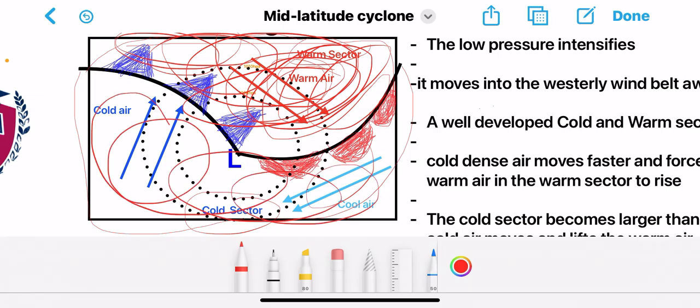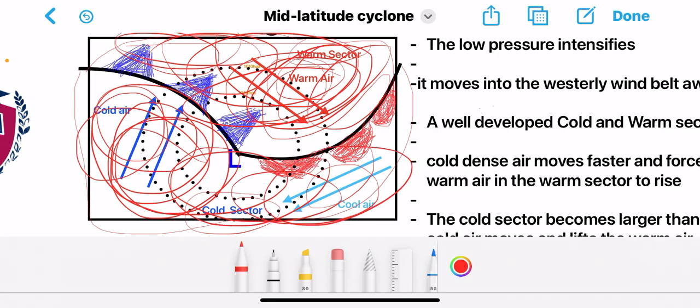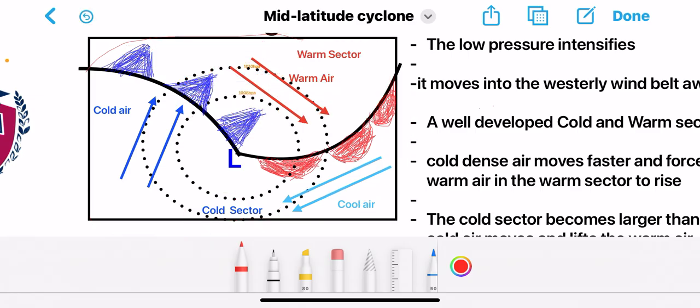This whole part is the warm sector. Why is it this cold sector? Because we have cold air masses in it. We can see here we have cold air, and here we have what? Cool air. Okay, we also have the warm front. Here's the warm front, and here's what? The cold front.